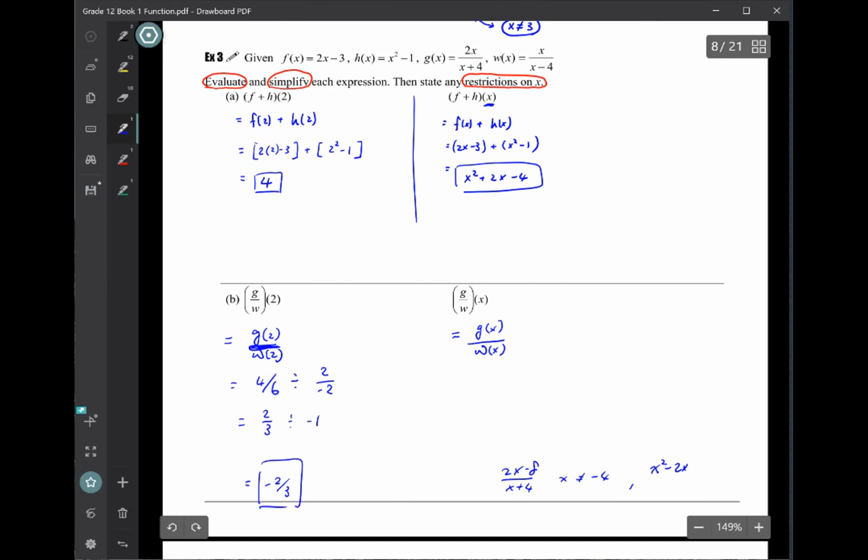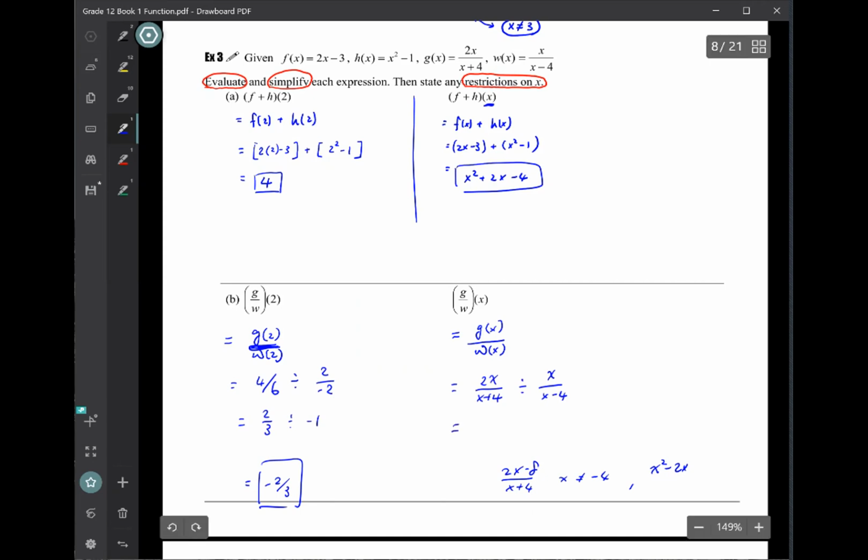First one, I think everyone got it right. Second one, you can do it slower, right? You can write 2x over x plus 4, divide, just like on the left side. So using numbers helps you to know what to do on the right side. Divide by x over x minus 4. Now this has to do with what you learned in rational expressions, how to simplify.